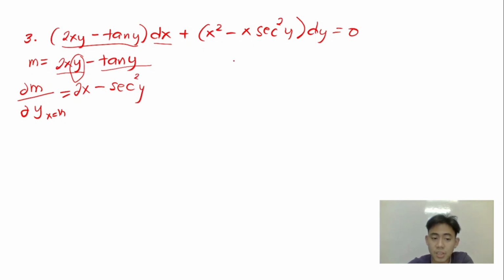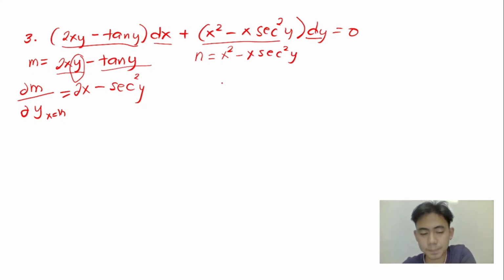Okay? So, sa kabilang side, ito yung N natin. We need to identify first ano yung N natin. So, x squared minus x times secant squared y. Ang N natin is yung mga naka-multiply kay dy. Okay? So, ano nga ba ang partial derivative ni N with respect to x, that y is a constant?